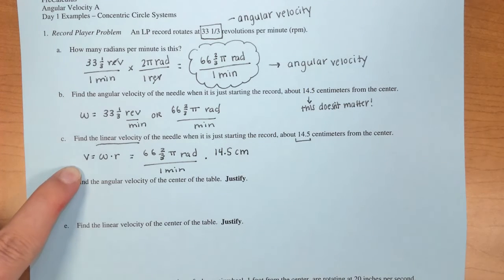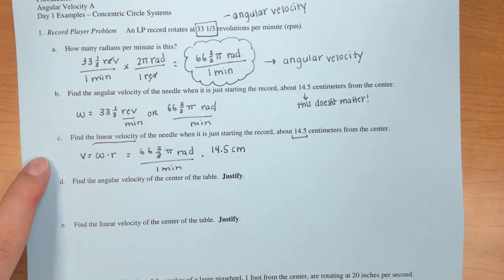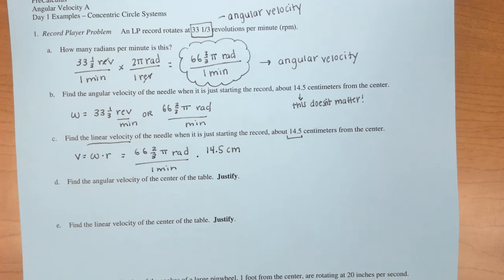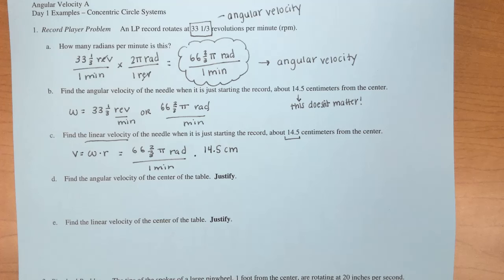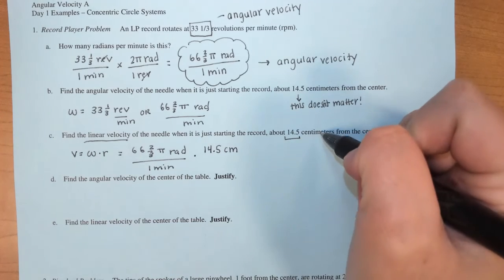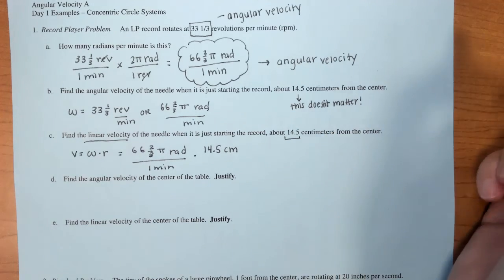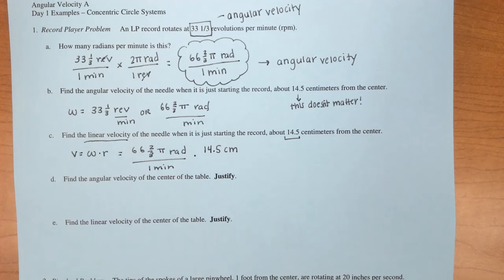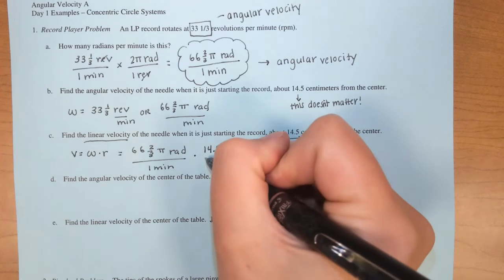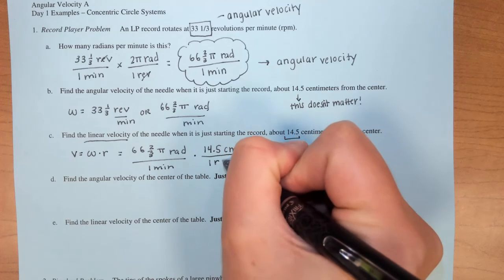Okay, here is the trickiest part about this entire unit, and every year it's just something you've got to wrap your head around. In math related to linear and angular velocity, we call radians suppressed units. What that means is that we can express any distance from the center as its length in units, like centimeters or feet or inches, but then we can always express it over 1 radian.